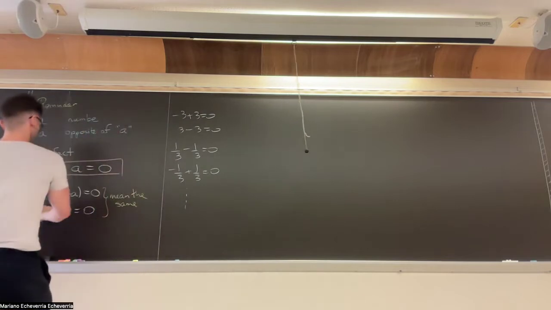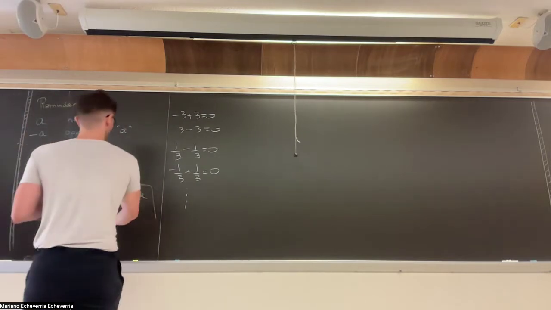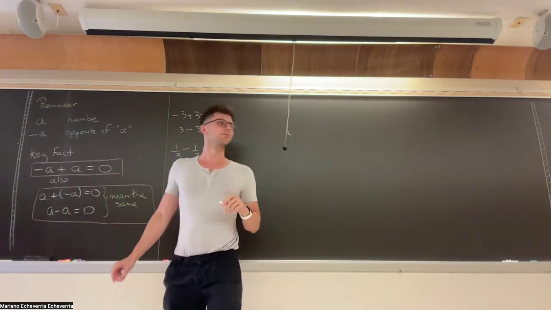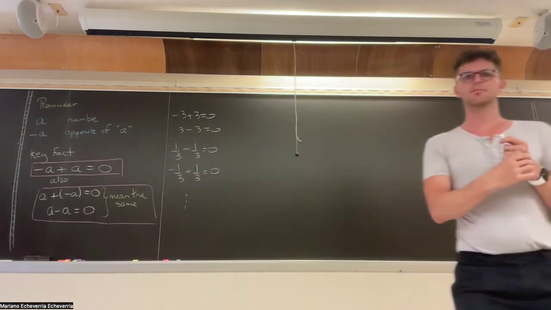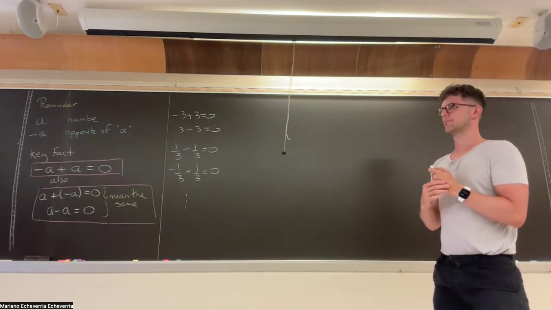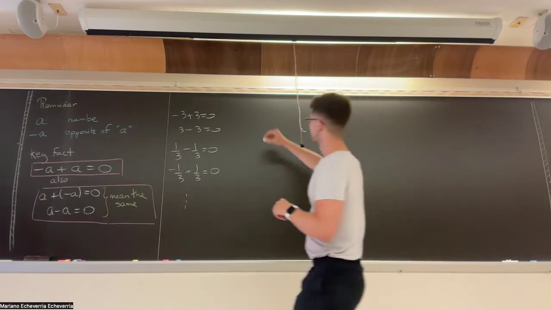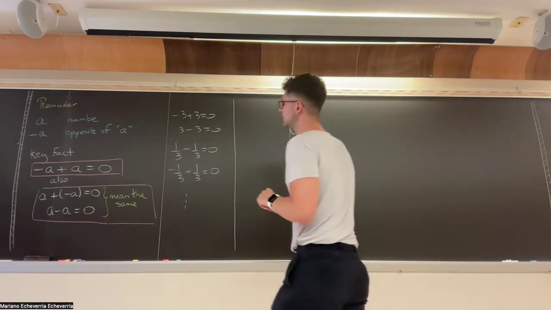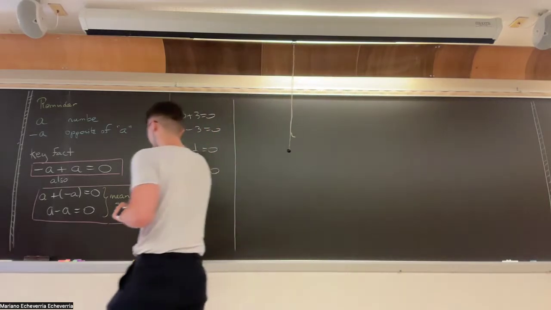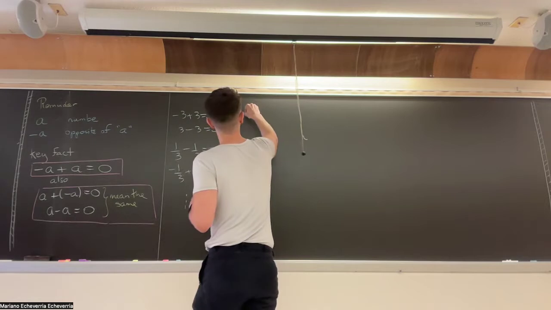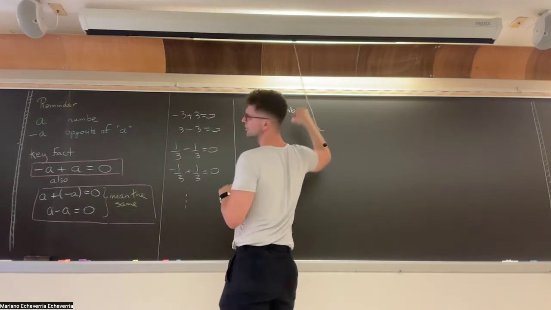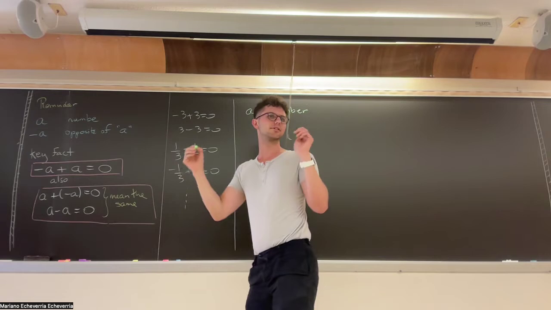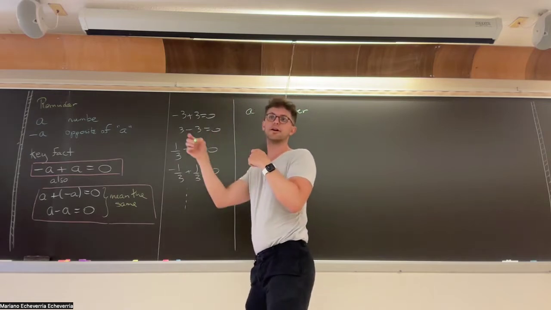And the other important property has to do more with multiplication, as opposed to sums and subtraction. The other thing that you need to know is that if you have a number, so again, A is a number, the reciprocal of that number, I don't think I used that word last time, is 1/A.